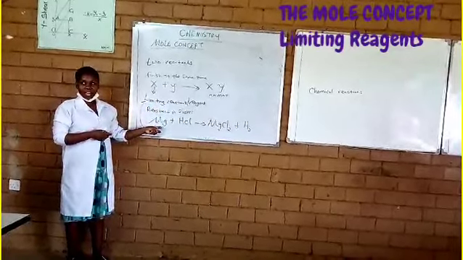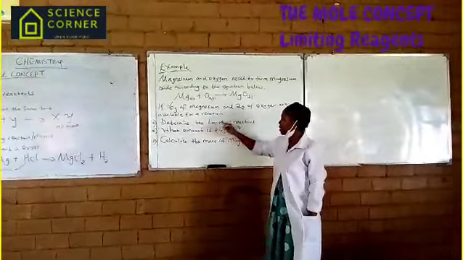So, magnesium and oxygen react to form magnesium oxide according to the equation below. So we have magnesium and oxygen reacting according to this equation. And we are told that if 6 grams of magnesium and 2 grams of oxygen are available for a reaction, A, determine the limiting reactant.